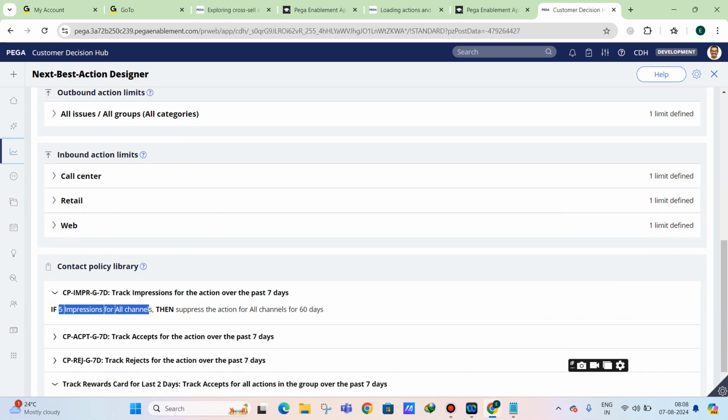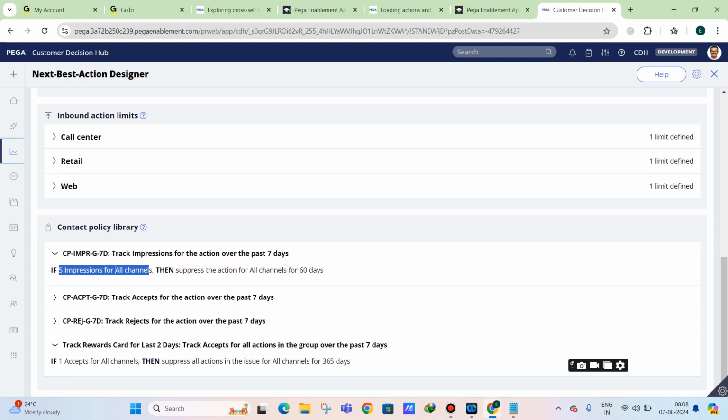But suppression rules are applicable only based on customer behavior. That means the customer has accepted something or rejected something, then that particular offer, or the offers in that particular group or issue, we are restricting for a particular duration.